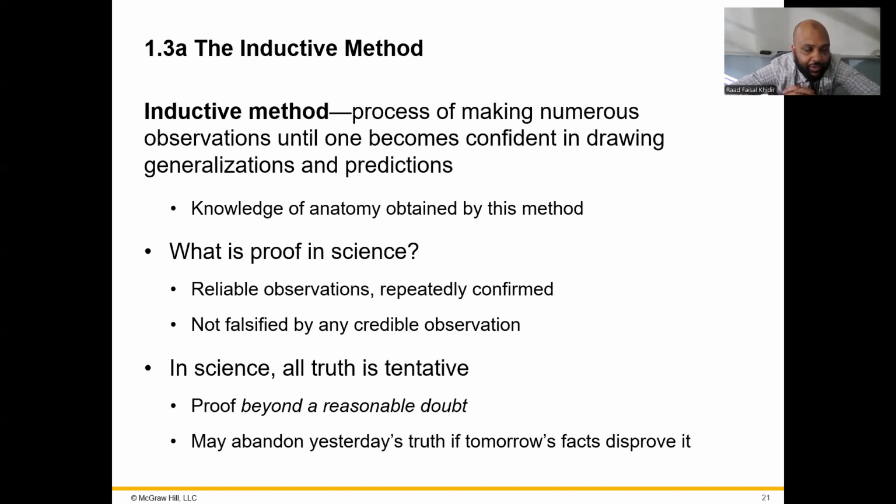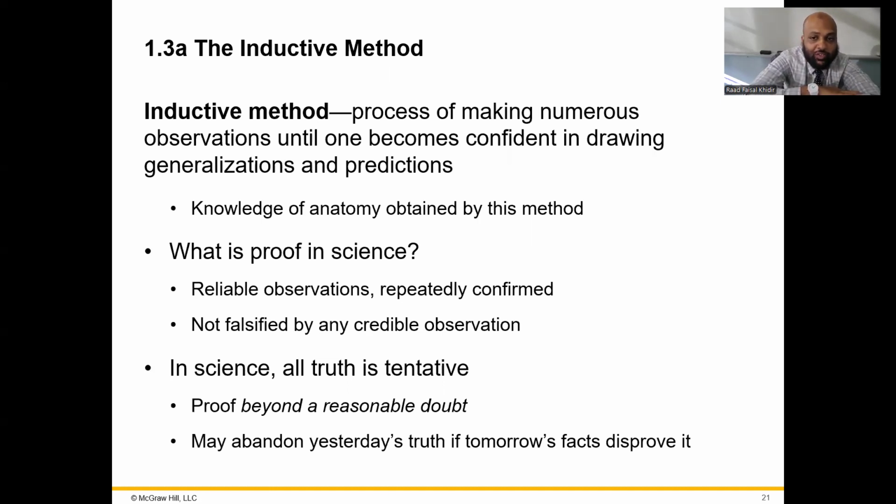There's the inductive method. The inductive method is a process of making numerous observations until one becomes confident in drawing generalizations and predictions. The knowledge of anatomy is obtained by this method. So what is proof in science? In science, there are reliable observations that are repeatedly confirmed, not falsified by any credible observation.